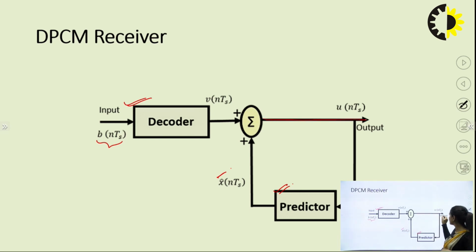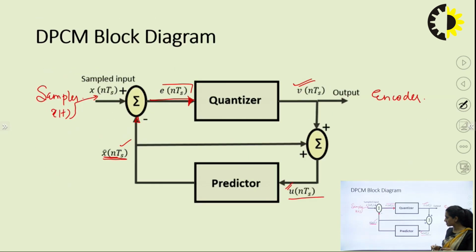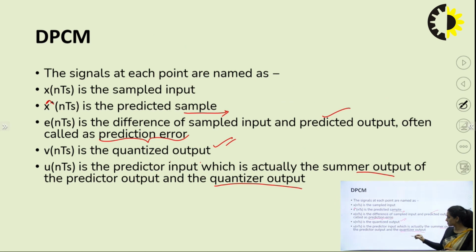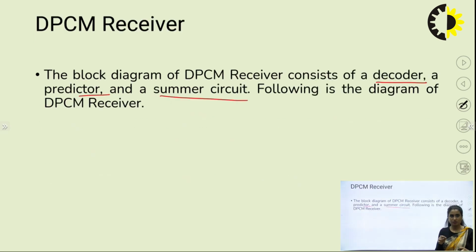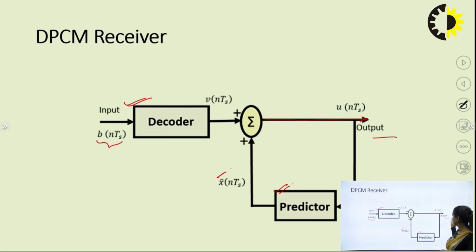The output will be my u(nTs), which is the same u(nTs) as used here, which is the predictor input, which is actually the summer output of the predictor output and the quantizer output. So this is how my receiver works, and I'll be successfully able to retrieve back my analog signal, right, after applying it to a reconstruction filter and further demodulating it.